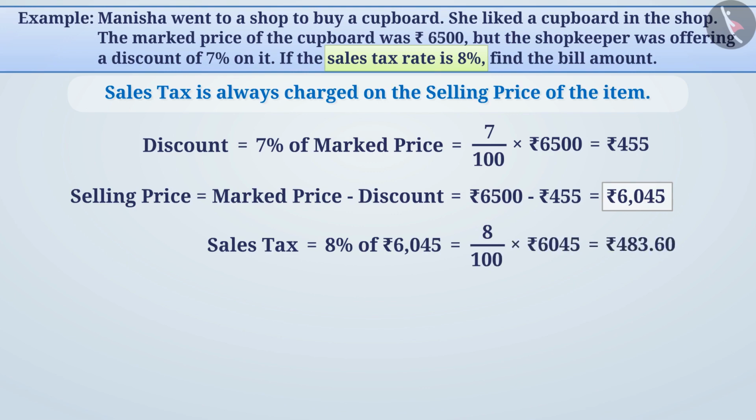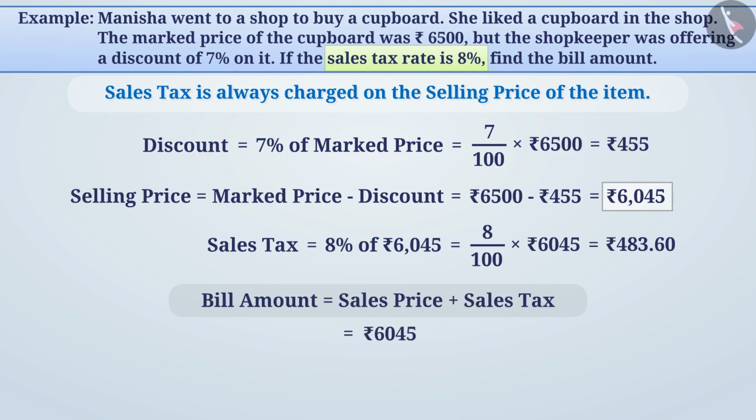In this way, the bill amount is equal to selling price plus sales tax, which is 6,045 rupees plus 483.60 rupees, equal to 6,528.60 rupees. So, to buy a cupboard, Manisha will have to pay 6,528.60 rupees.